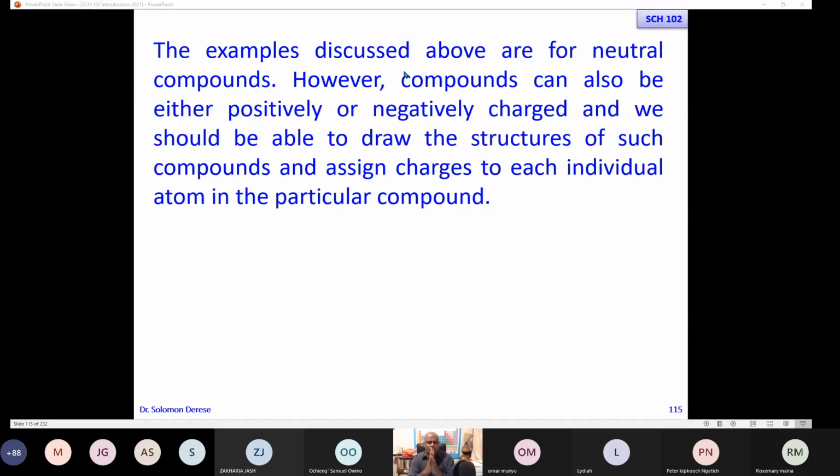So far we have learned how to write the Lewis structure of molecules. If you follow these steps and the basic concepts we have discussed, you should be in a position to draw the Lewis structure of the majority of molecules, with some guidance.